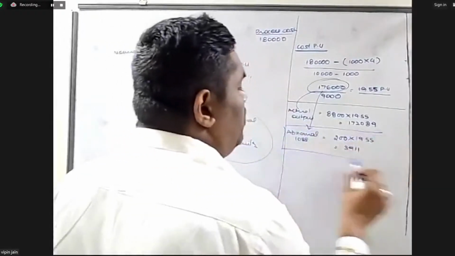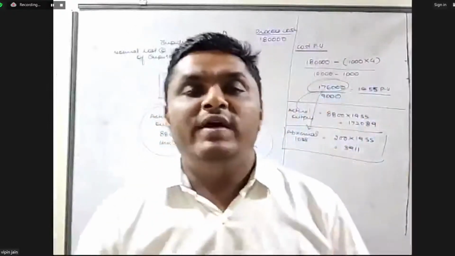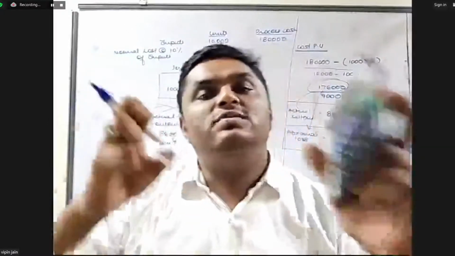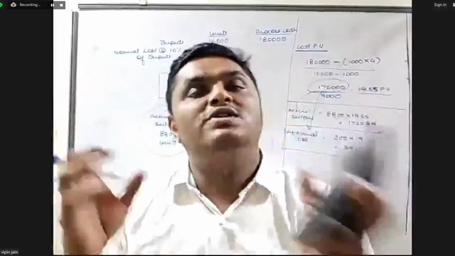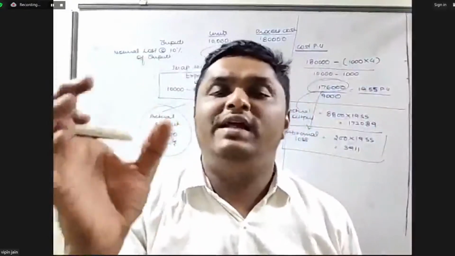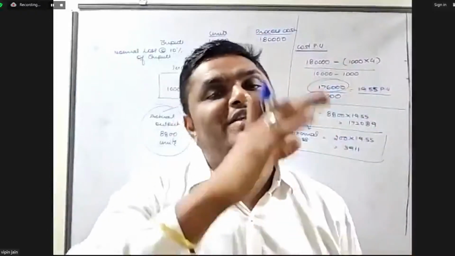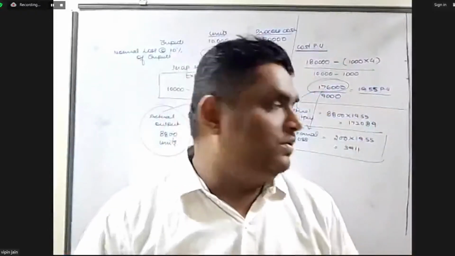So the value of abnormal loss will be equal to the value of good unit. Ultimately, very simple: the process cost minus scrap value, the net amount we are getting, we have to apportion among the number of units transferred to the next process and the abnormal loss units.